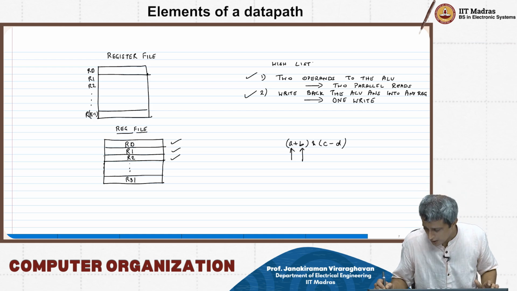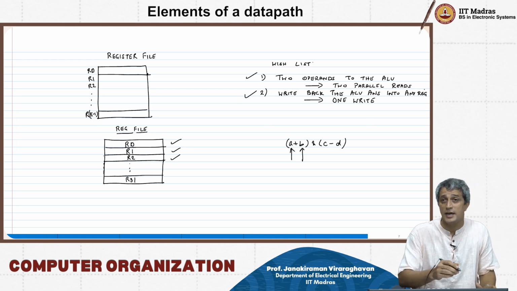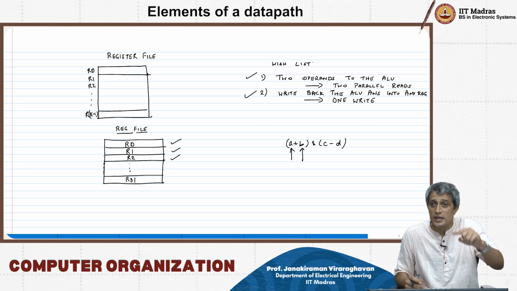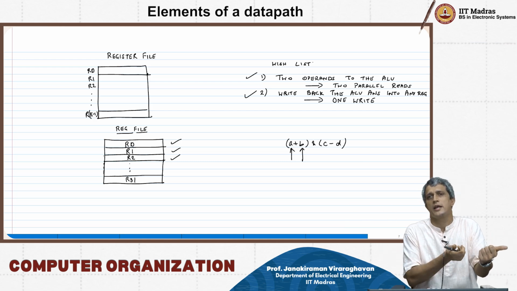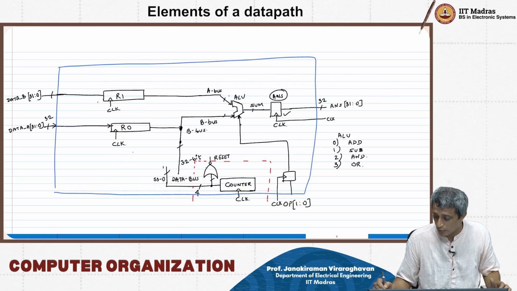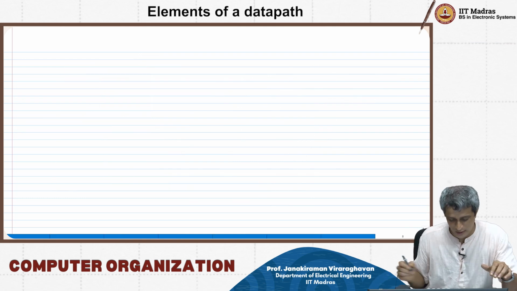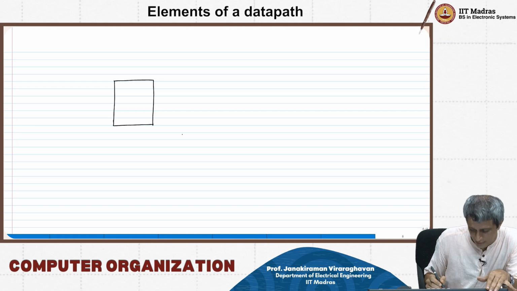Now, what is the advantage with this process of allowing the data to be written into any register either from outside the data bus or from the ALU's result? The advantage is I don't need two data buses, right?